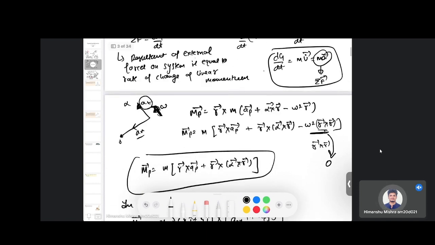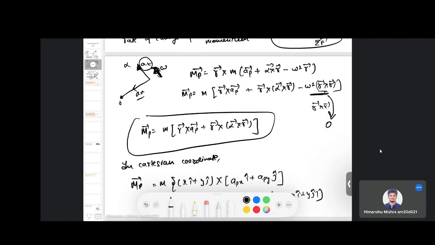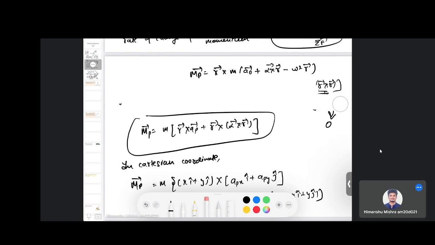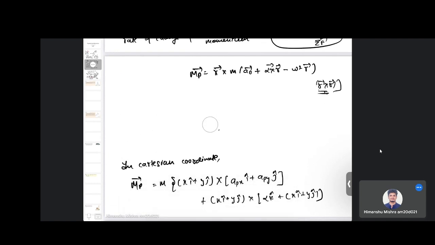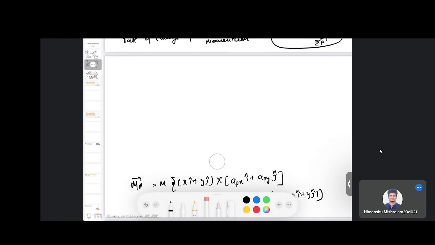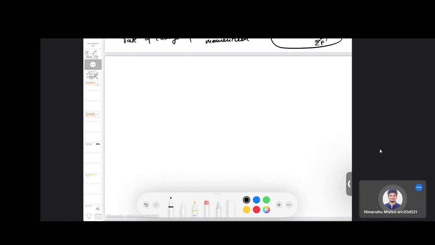Similarly, we can define the angular momentum. So angular momentum of a mass system at some point is the vector sum of moments of linear momenta about O. So if H is the angular momentum at point O, then it is a summation of all linear momenta.